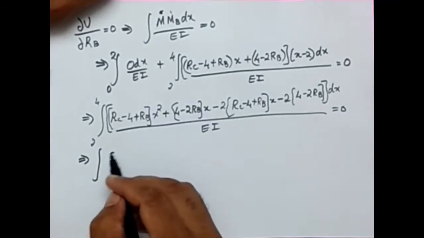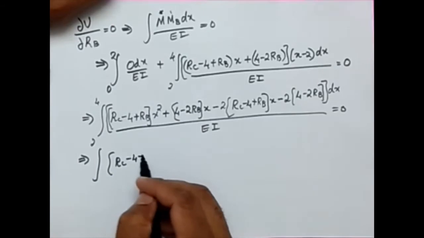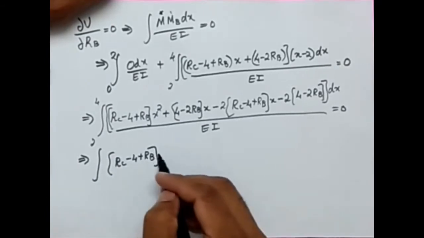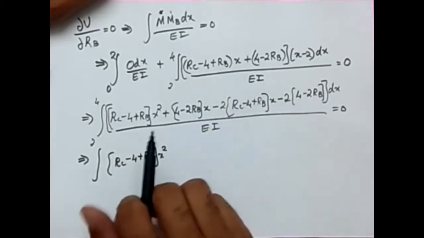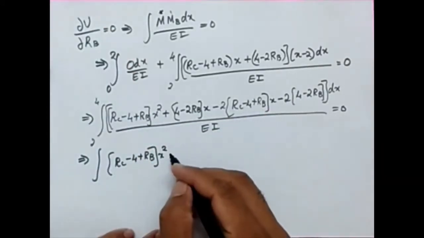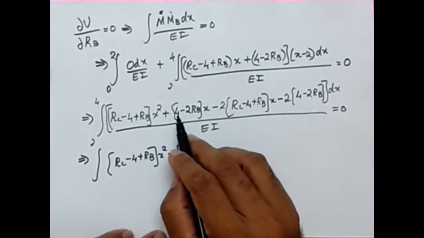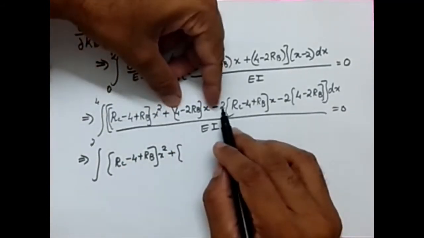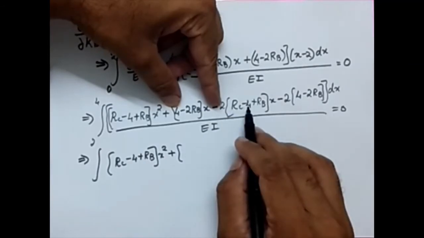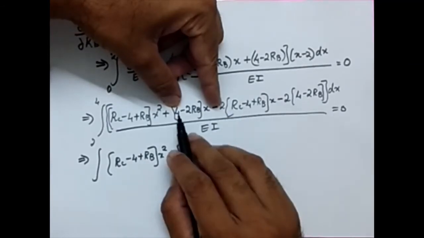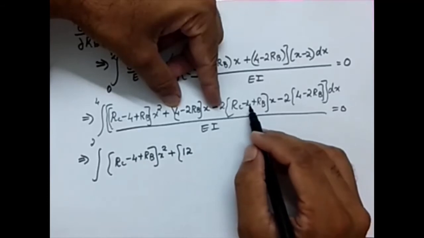So integral rc minus 4 plus rb x square. Now I am going to expand these two and get the values. So what will this become? Plus, there is 4 here, minus 2 minus 4. When I multiply these two, I am going to get plus 8. So 4 plus 8, 12.